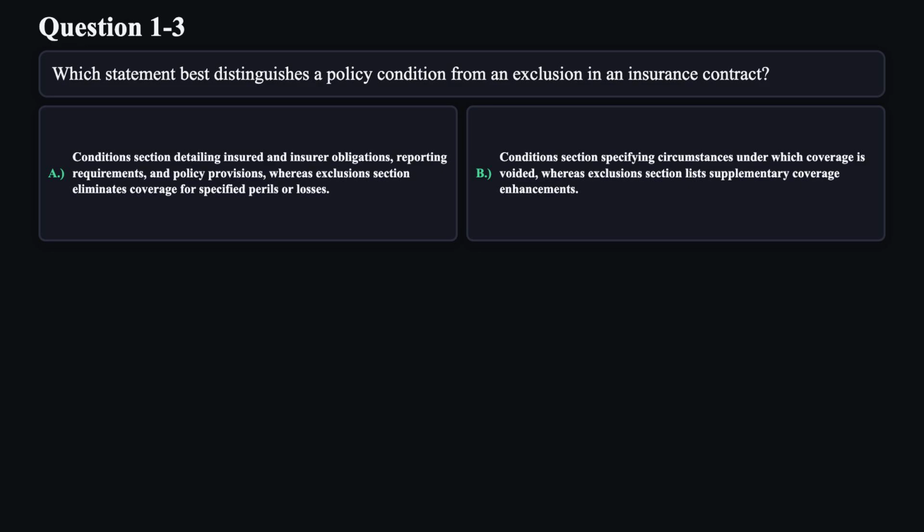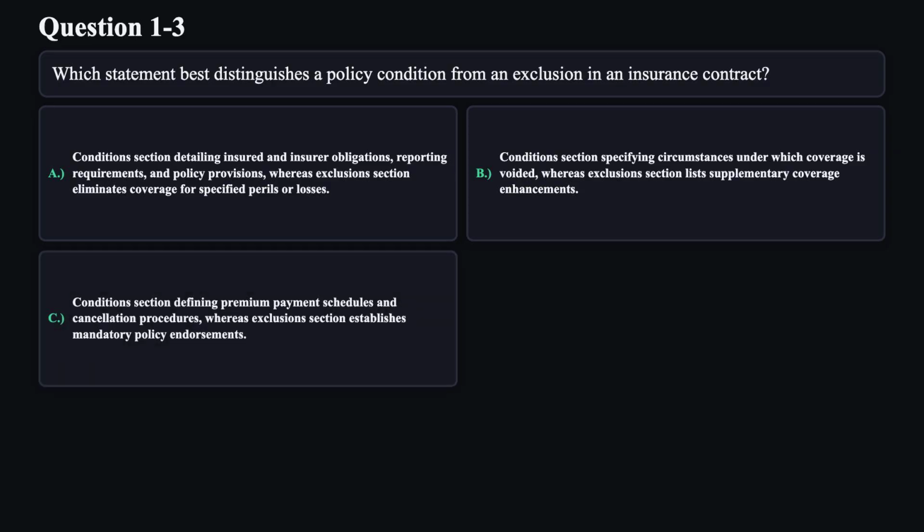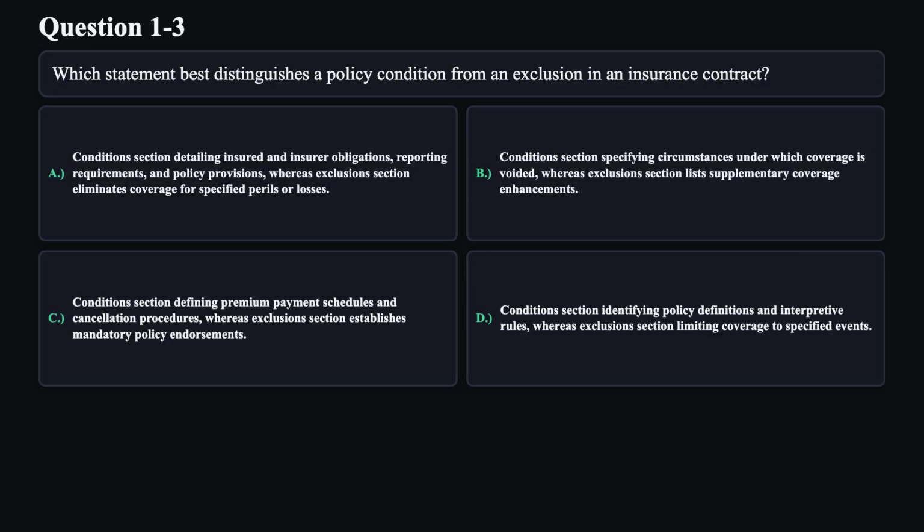B. Conditions section specifying circumstances under which coverage is voided, whereas exclusion section lists supplementary coverage enhancements. C. Conditions section defining premium payment schedules and cancellation procedures, whereas exclusion section establishes mandatory policy endorsements. D. Conditions section identifying policy definitions and interpretive rules, whereas exclusions section limiting coverage to specified events.